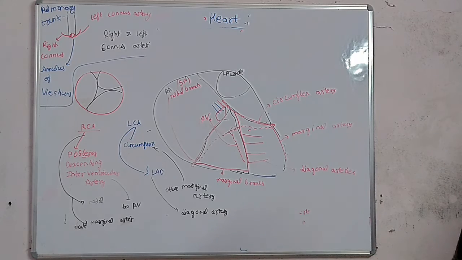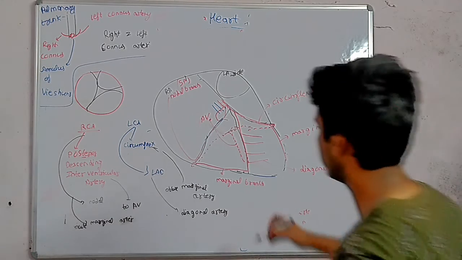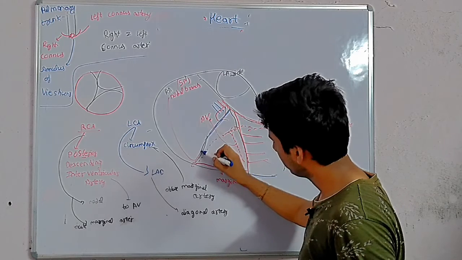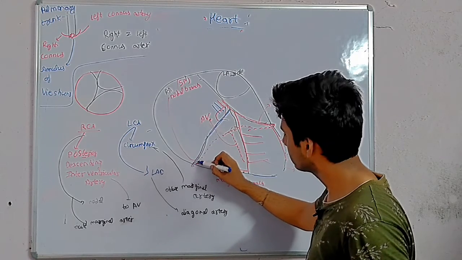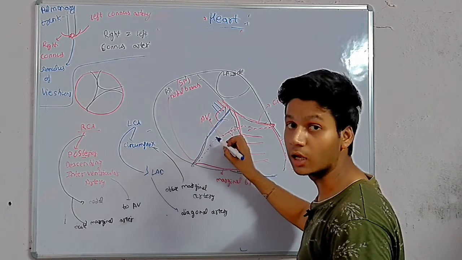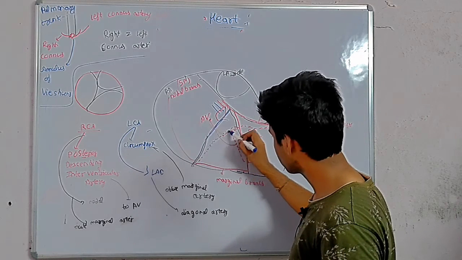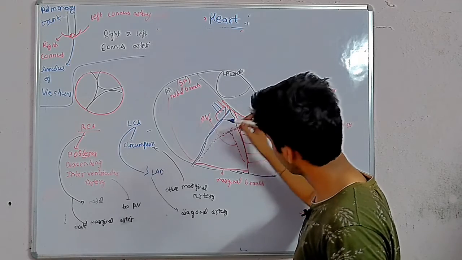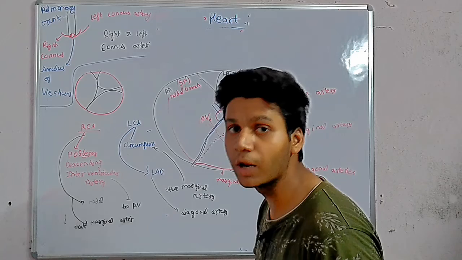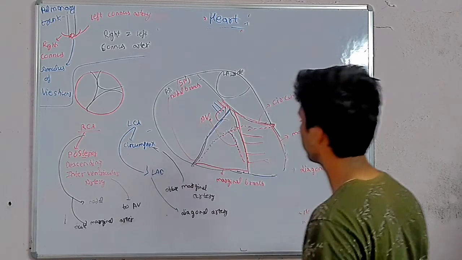Note this. Diagrammatically, this is the LCA. In the coronary sulcus it goes posteriorly and forms an anastomosis. Just before the anastomosis, it supplies the posterior descending branch, which lies in the posterior interventricular sulcus.